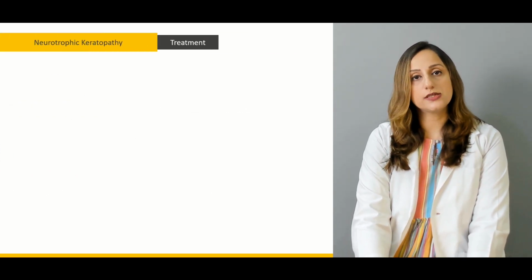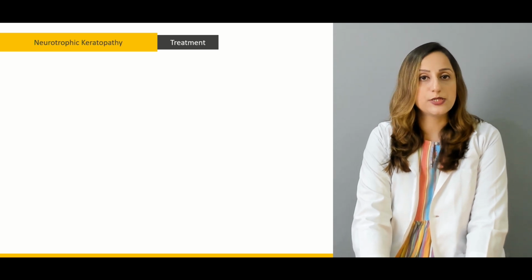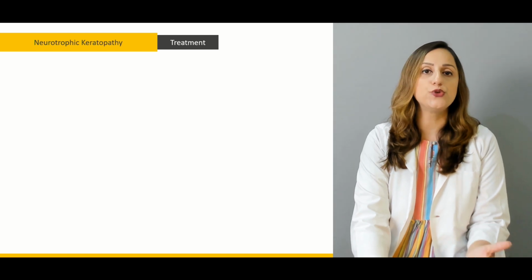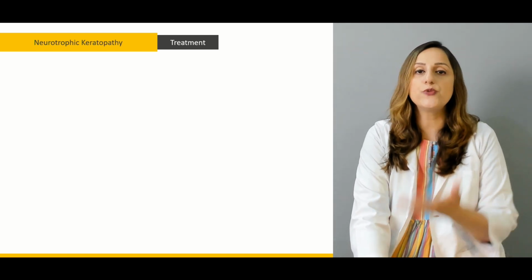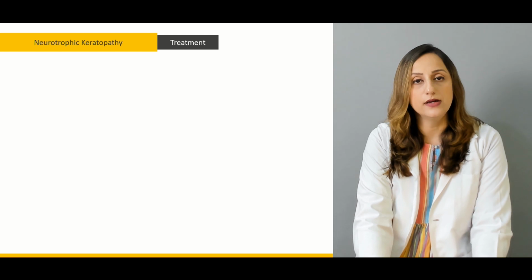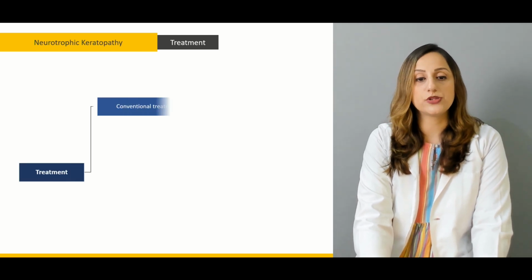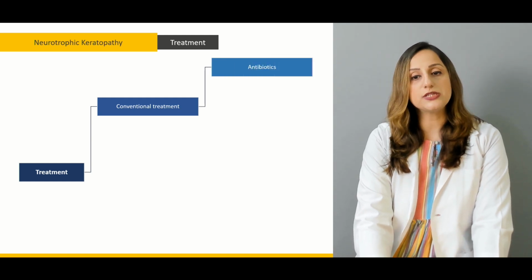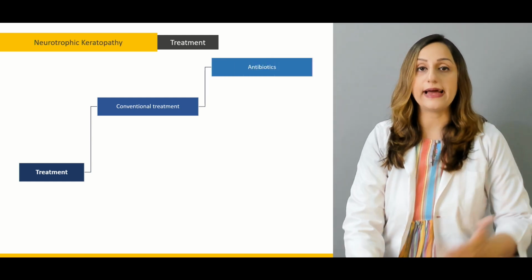Now, moving on, when you have diagnosed these patients to be suffering from neurotrophic keratopathy and you want to treat them, you should know what treatment modalities are present out there. That basically depends upon the drug of choice in these particular cases. The conventional treatment would consist of prophylactic antibiotics.